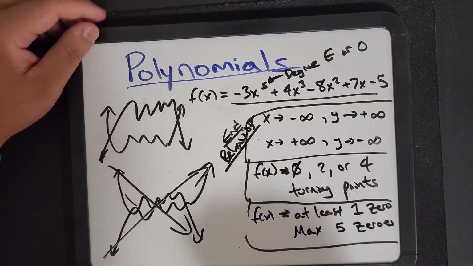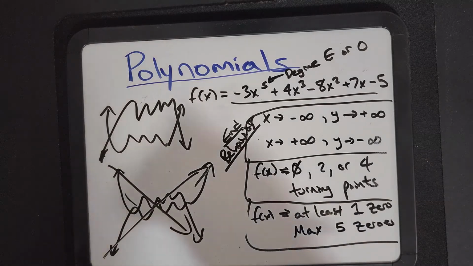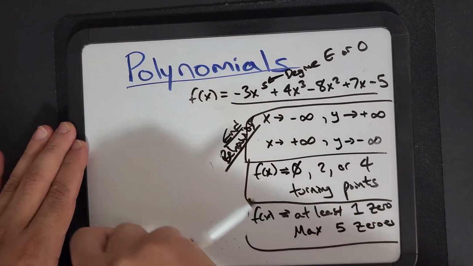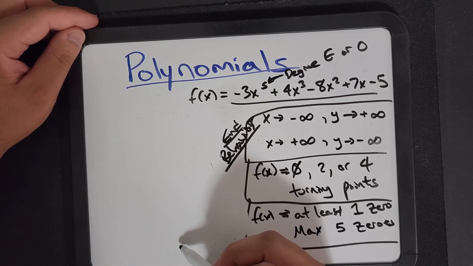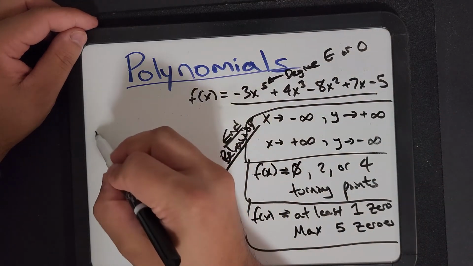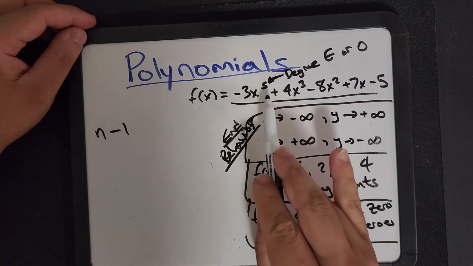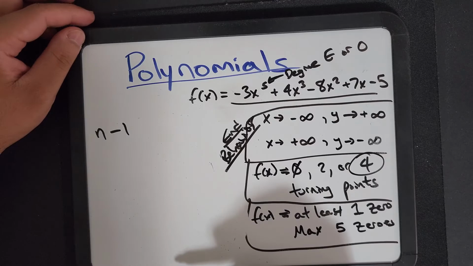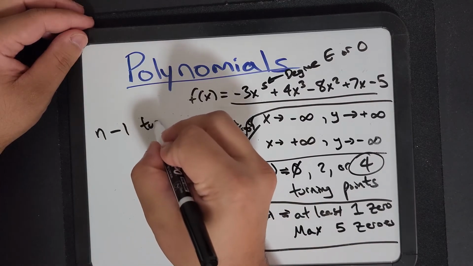And then we looked at the number of turning points. If the degree is n, it will have n minus 1 turning points. Our case is 5, so it'll have 4 turning points. What else? Number of zeros.